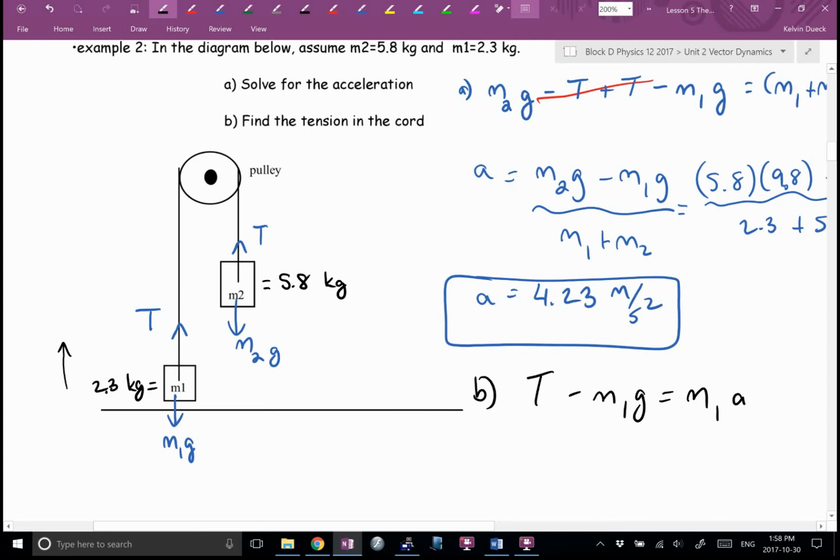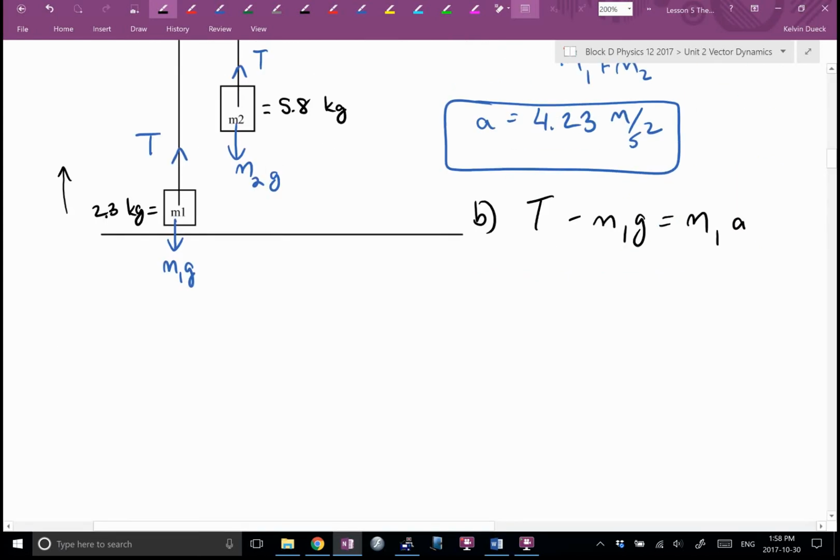You could also, though, have used mass 2. Your equation there would have been M2G minus tension equals M2A. You'll get the same answer. It's just, you got to do the swappy dance, and I'm even mentally lazy sometimes. But it's such a small issue, pick whatever. Tension is going to be M1A plus M1G.